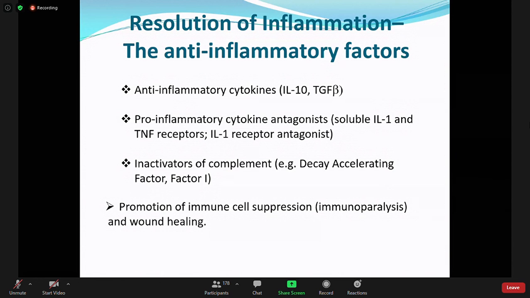Also, these cytokines, particularly TGF-beta, promote fibrotic development, so promoting wound healing after cellular damage as a result of an inflammatory response due to complement and TNF-alpha and so on.